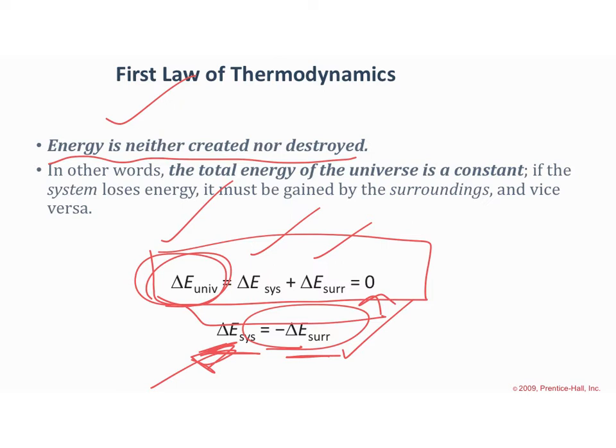But how we show this mathematically when we do thermodynamic calculations is you put a negative sign in front of either the change in energy of the system or change in energy of the surroundings. It would be just as accurate to write negative change in energy of the system equals positive change in energy of the surroundings, okay? So the negative just means one side gains it and one side loses it.